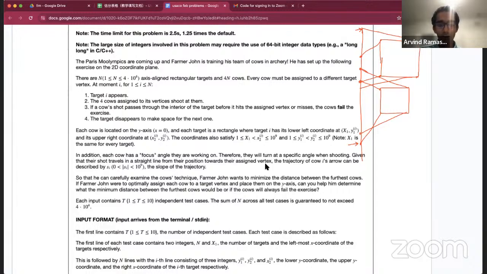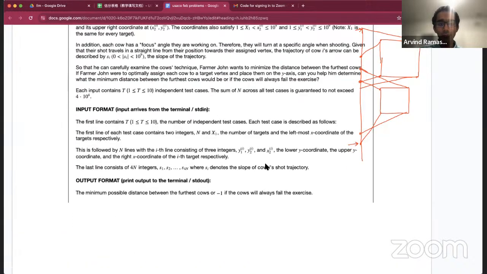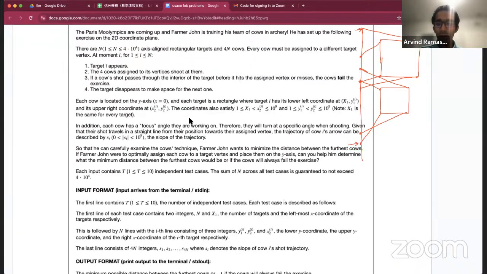There are a couple of observations we can make.